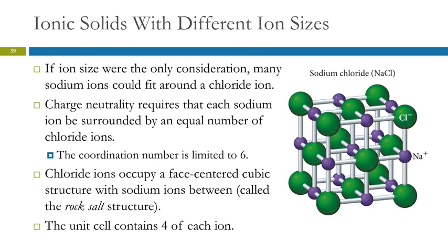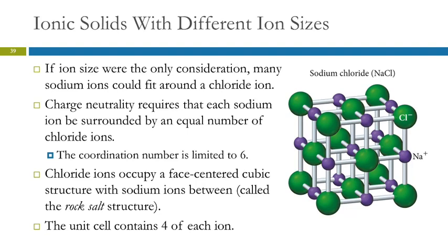You could get a lot of cherries to fit around the oranges because they're so much smaller. But you can't do that with an ionic compound because you have to have equal numbers of sodium ions and chloride ions. So each sodium ion has to be surrounded by an equal number of chloride ions.